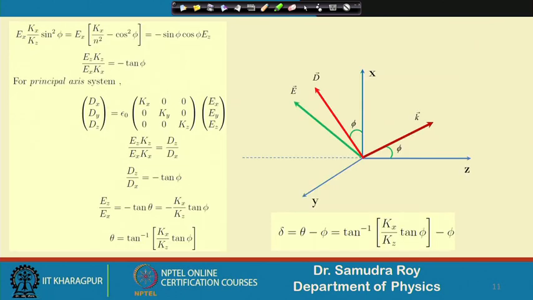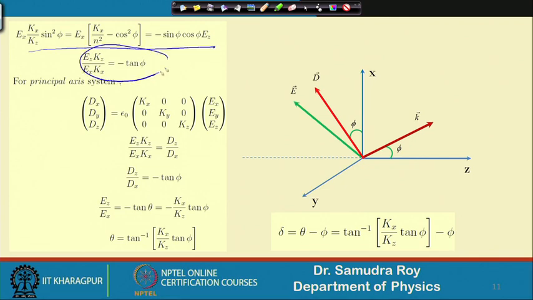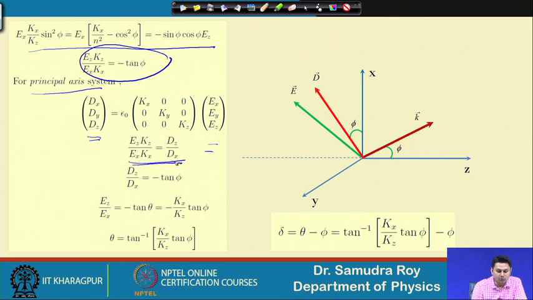So again we derive the entire thing here, and you can now understand clearly whatever we have done in the previous slides. These were our equations, and now we can modify this equation, because in the principal axis system these are the relationships between D and E. So E z k z is nothing but d z, and E x k x is nothing but d x.